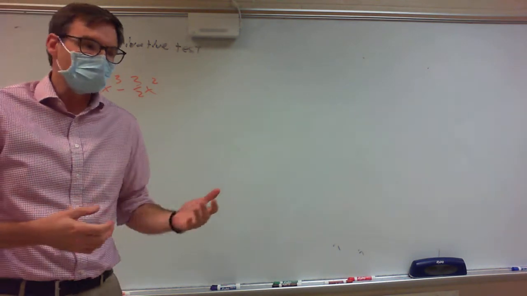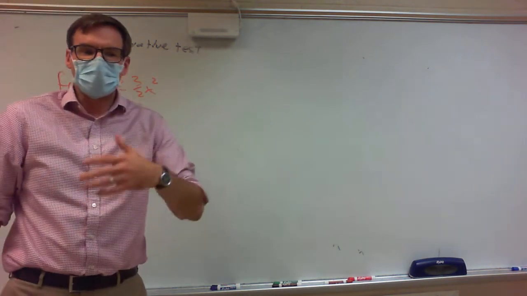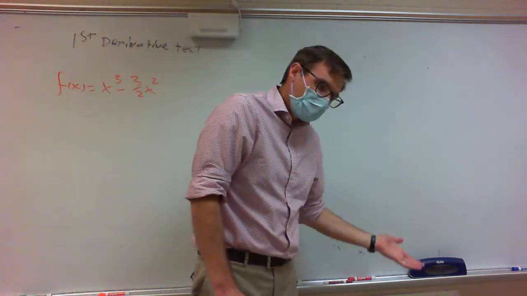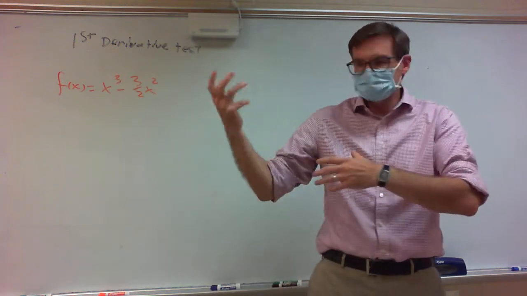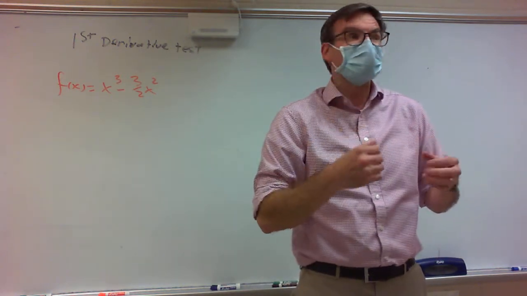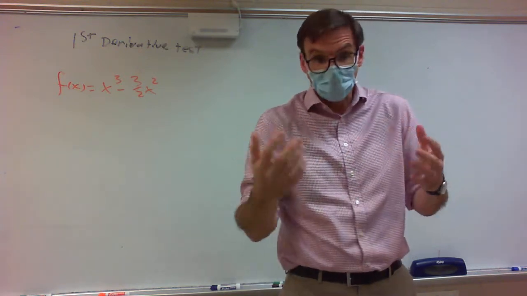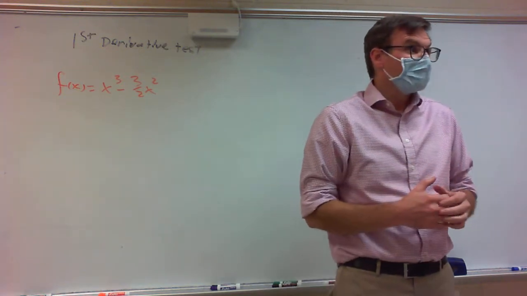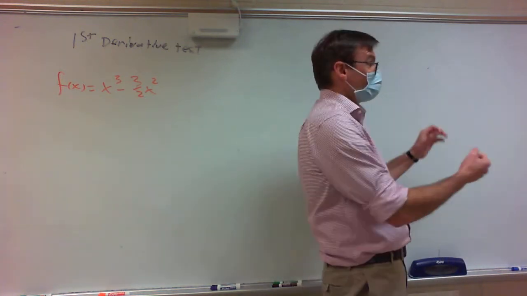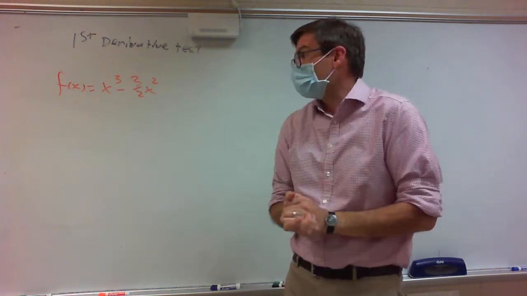The first thing I'm going to be interested in is I want to find out where the function's increasing or decreasing. And the next question, we're going to do a couple of problems with that. Then the next question we're going to ask is, where are your local max and local mins, or your peaks and valleys, right? And believe it or not, with those 2 pieces of information, that makes it where we can graph a whole lot of stuff.